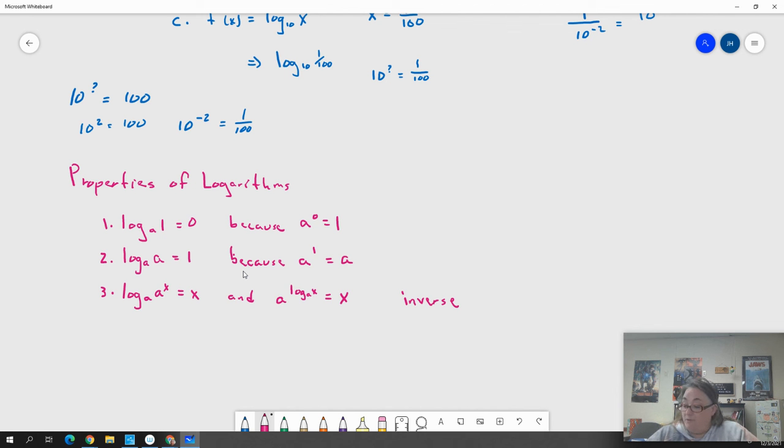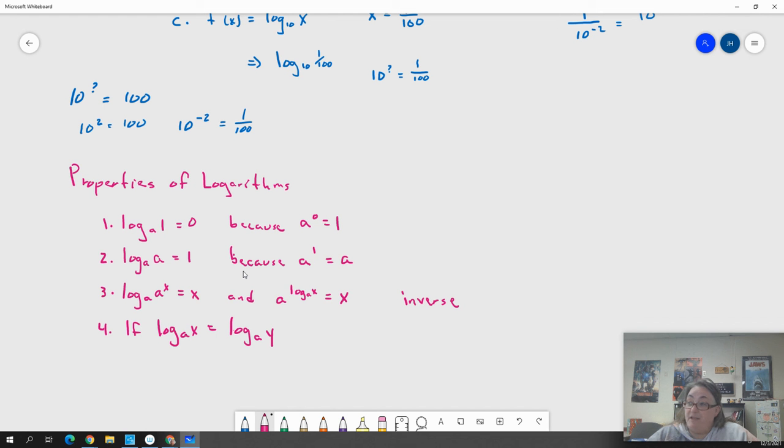Actually, those are our inverse. Our next one's the one-to-one. Sorry, my bad. If log base A of x equals log base A of y, look at this. Log base A, log base A. We're saying these two things are equal, right?